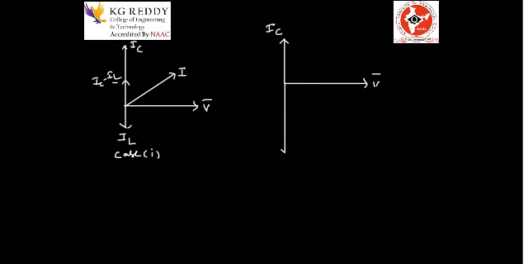This is my IL. When BL is more than BC, obviously the current is also more. Then here I get IL minus IC, because IL is more. The resultant of these two I will get here. This is I. This is the vector diagram for case 2.